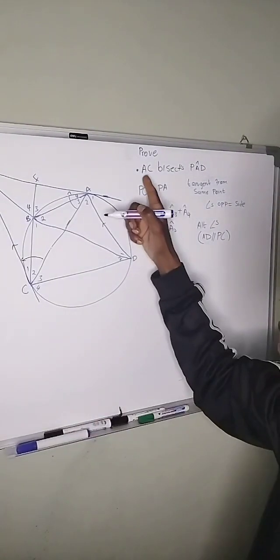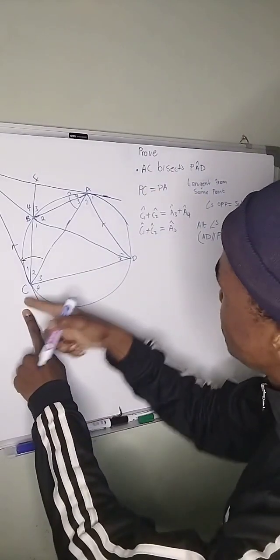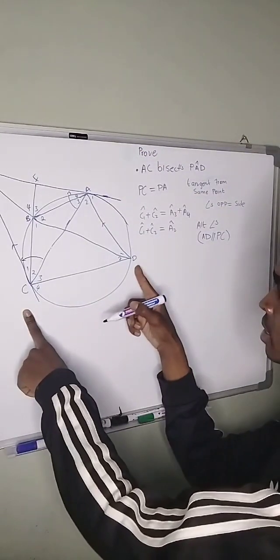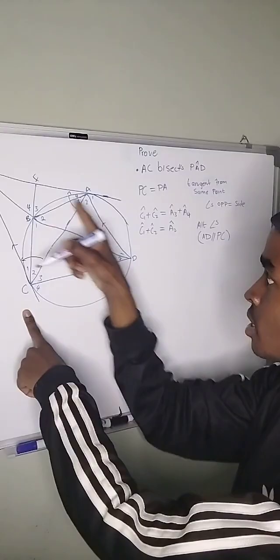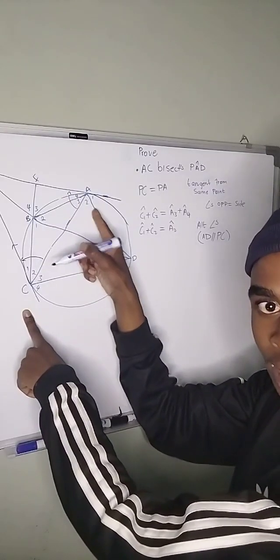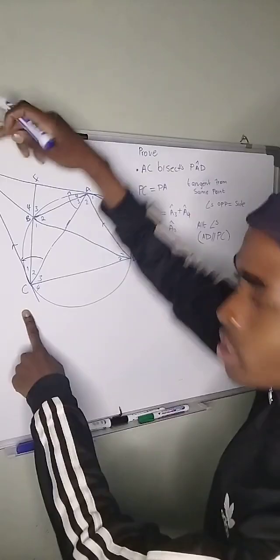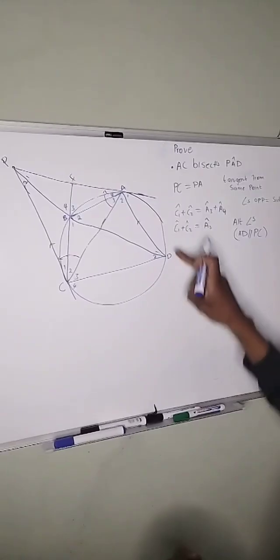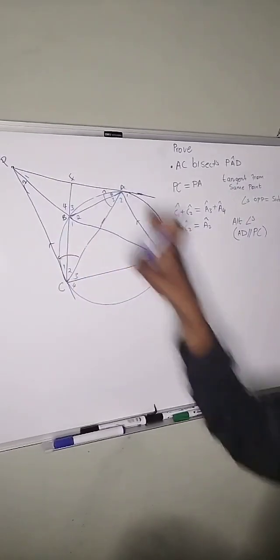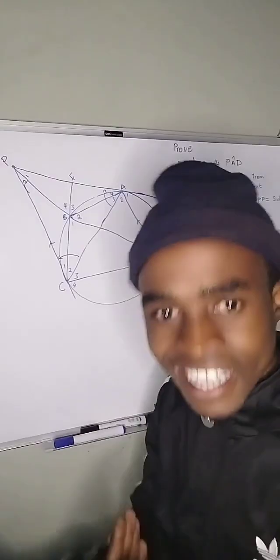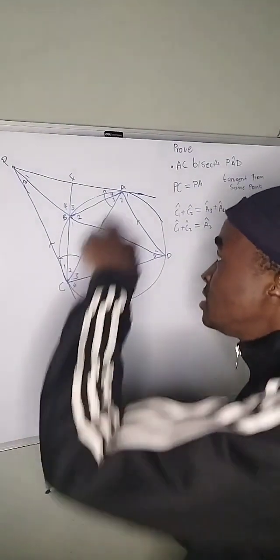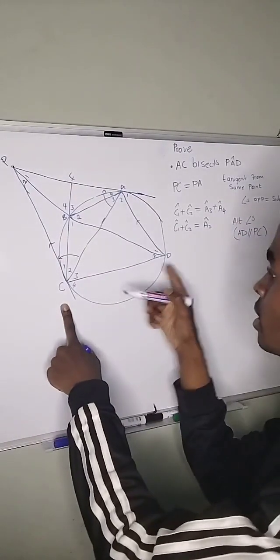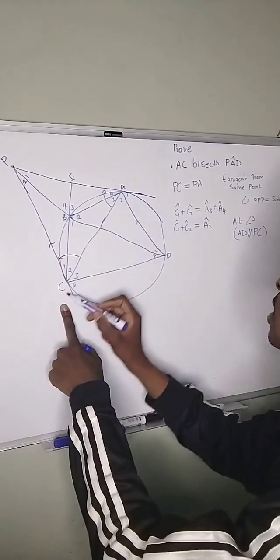Because we are proving that AC bisects angle PAD, it means we are proving that these two angles are equal. Let me show the diagram. Angle PAD is bisected by CA.